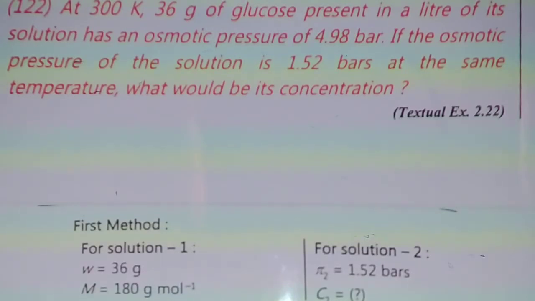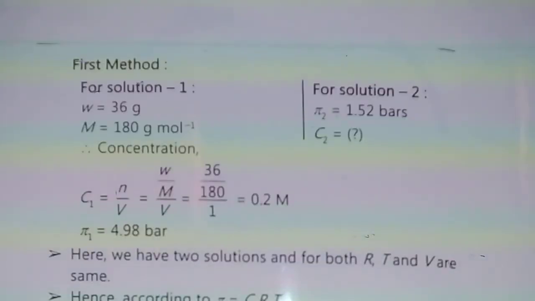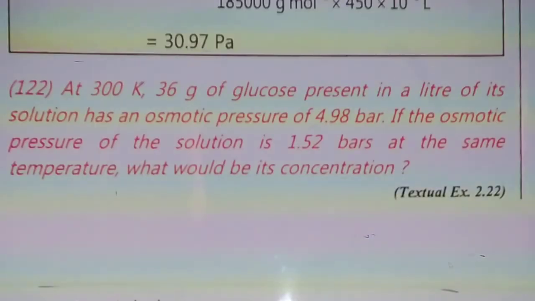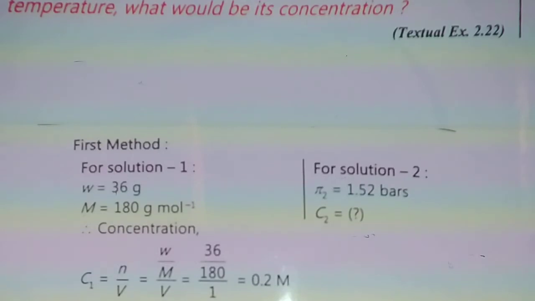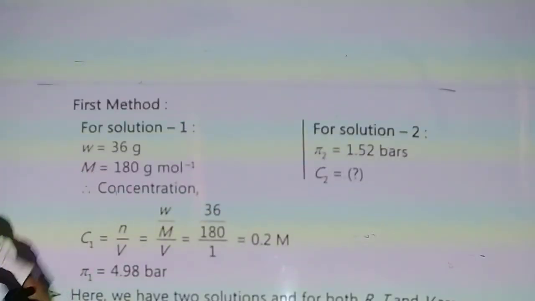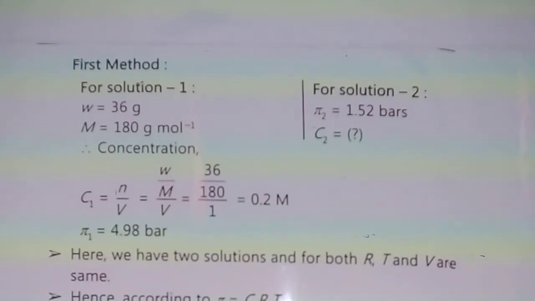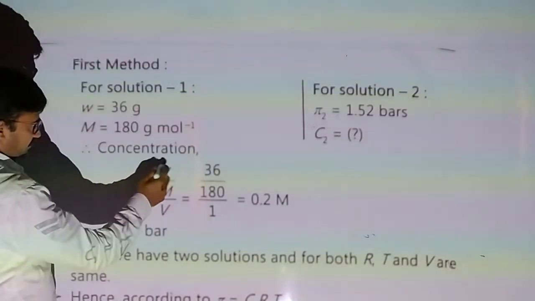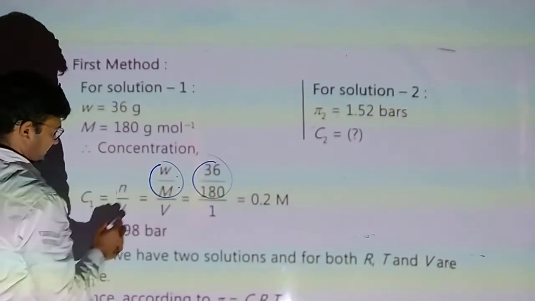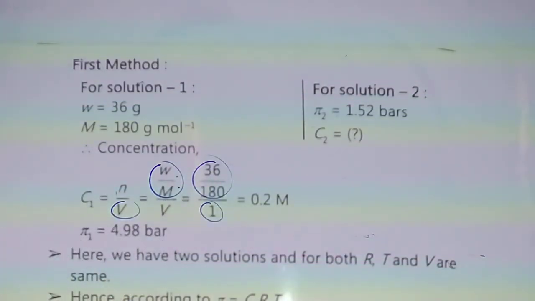The temperature is 300 Kelvin, 36 grams of glucose is present in 1 liter, so osmotic pressure is 4.98 bar. If osmotic pressure is now 1.52, how much is the concentration of the solute? For solution 1, W1 is 36 gram of glucose and the molecular mass of glucose is 180. So concentration will be mole per liter. Mass upon molecular mass gives mole, liter is 1, so 0.2 molarity.